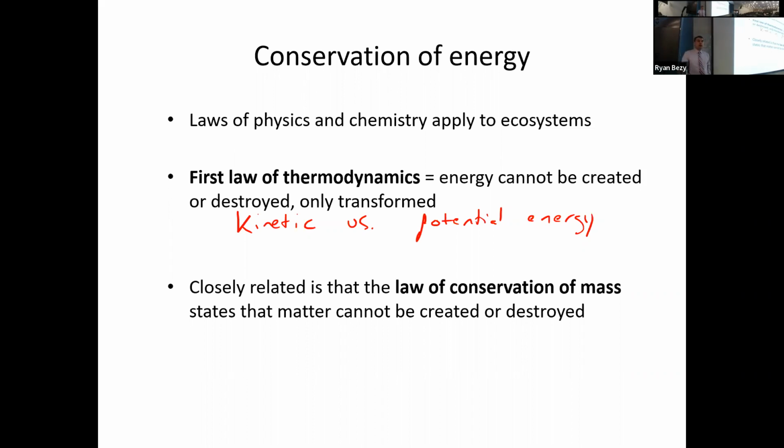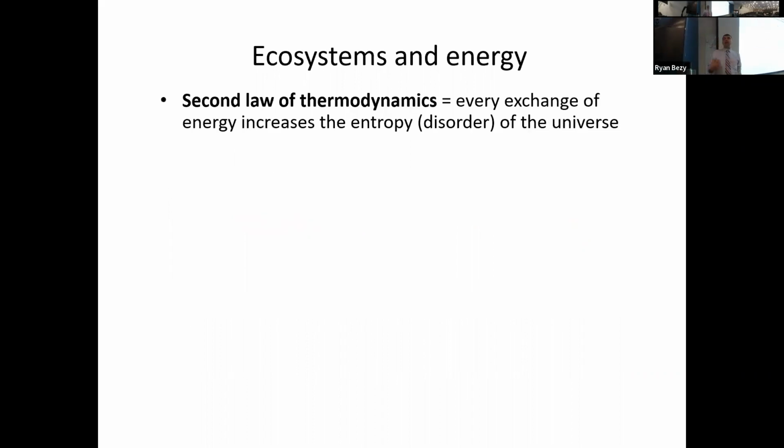Another thing that's going to come up a lot is not just the first law of thermodynamics, but also the second law of thermodynamics. This is where every exchange of energy increases the entropy, or the disorder, of the universe.